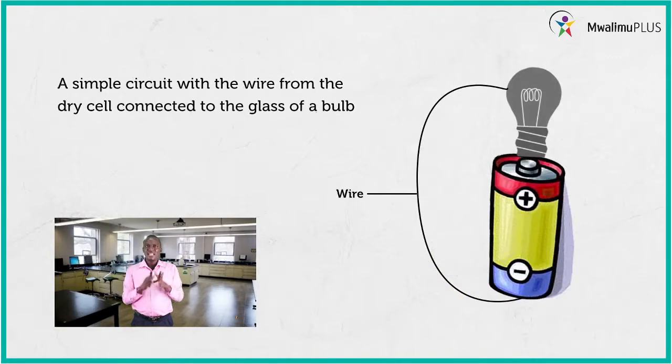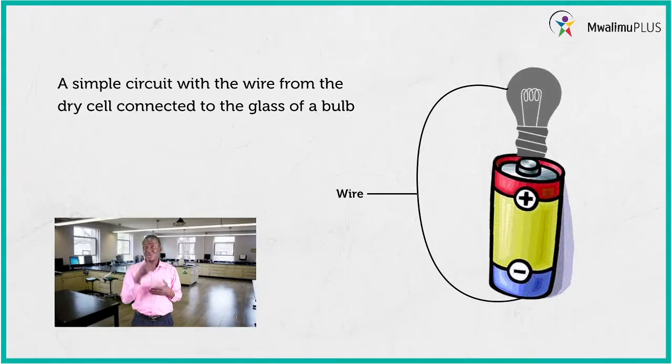In the screen, we have a simple electric circuit with the wire from the dry cell connected to the glass of the bulb. And I hope you are seeing that wire. The wire from the negative terminal goes to the glass. Do you think it will light or it will produce light?